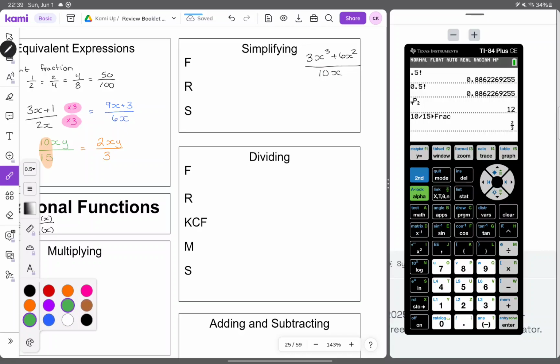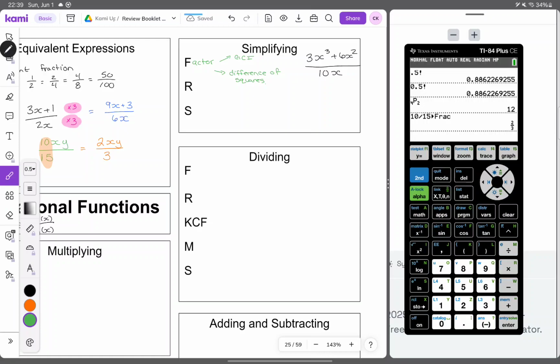Our steps for simplifying: first we want to factor. We only have 2 ways that we can factor. We can take out a greatest common factor, or we have a difference of squares. You always, always, always start with finding the greatest common factor first. Always do that step first.